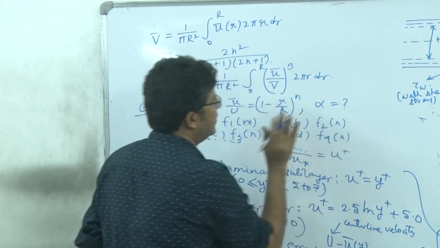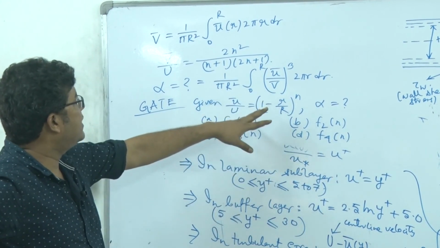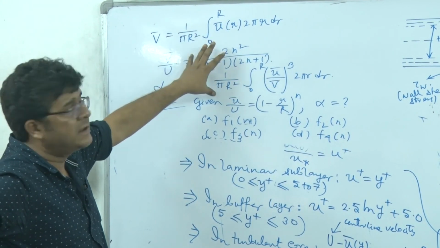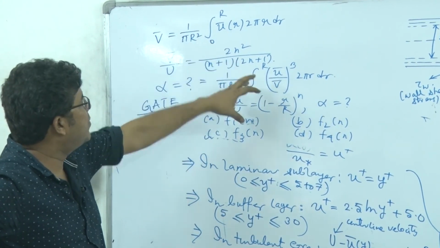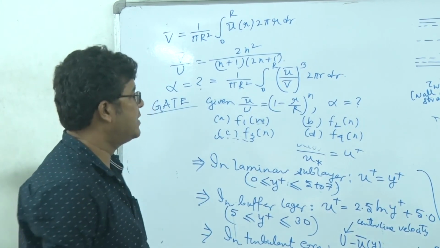These 4 functions of n are given and you have to identify the correct one. The thing is that if you go by the actual solution procedure, it will be disastrous. It will be too complicated. Right? Now, how will you solve it?